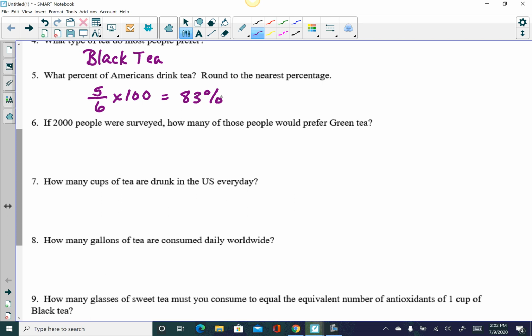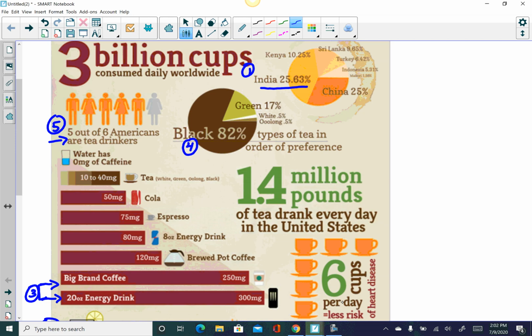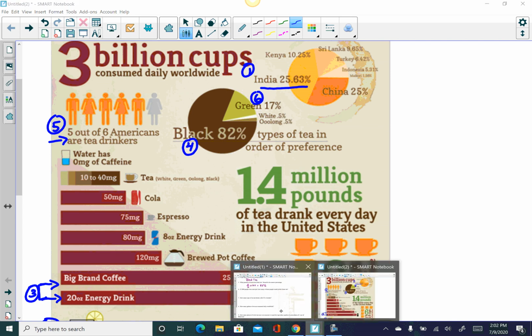Looking at number 6, if 2,000 people were surveyed, how many of those people would prefer green tea? So go back to our graphic. Green tea over here. So I'm going to put this for number 6. Green tea has a representation of 17%. And it told us back in the problem that 2,000 people were surveyed. So we want to figure out then what is 17% of 2,000.